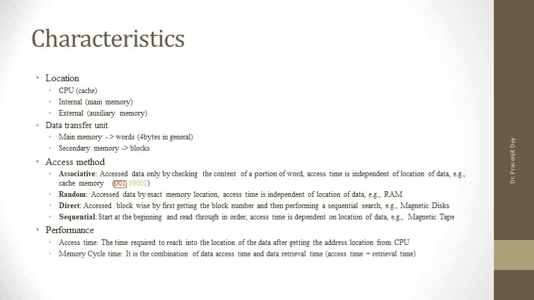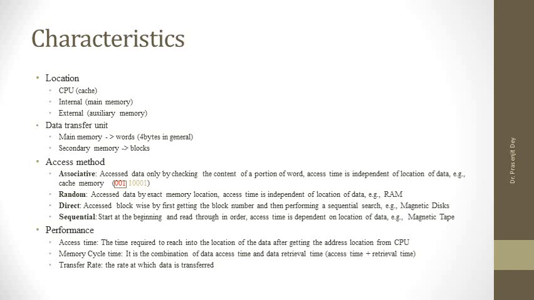Now the second metric is the memory cycle time. It is actually the overall time to get the data into the CPU. That means it is a combination of data access time as well as data retrieval time. So access time gets us to the location of the data, and retrieval time is the time after getting the data from the memory to the CPU.